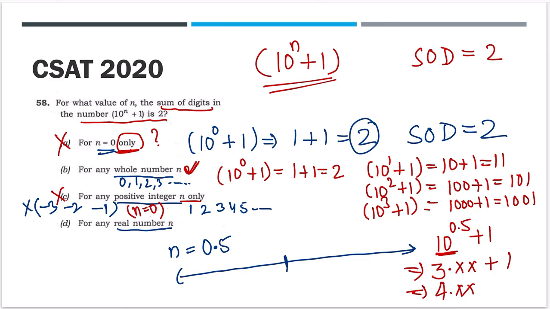For the real number I took the example n equal to 0.5. Why? Because any number on this number line I can pick. Rather than choosing an integer, I picked the number 0.5, which is a real number, but the condition is not satisfied. The sum of digits is not equal to 2. So that is why this option is also not correct.